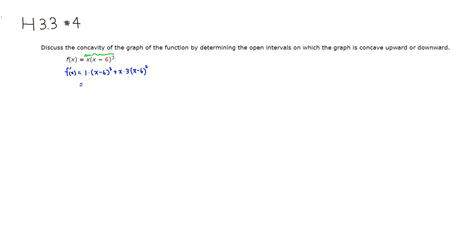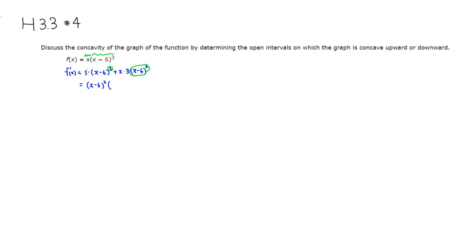You have x minus 6 squared, and we have 3 of those, so I'm going to circle that to indicate that there's another x minus 6 there. So we have x minus 6 squared pulled out.